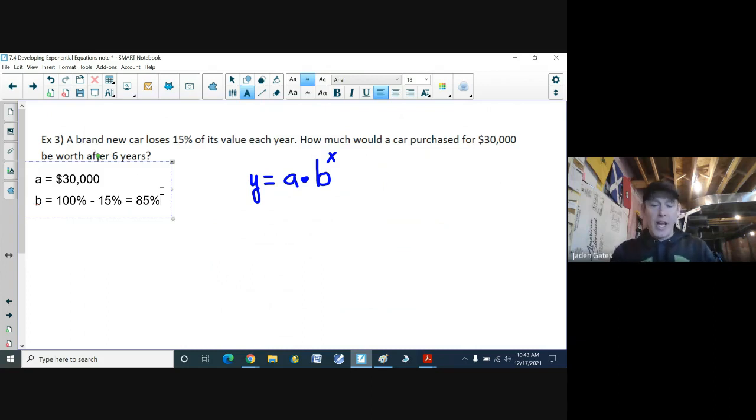Again, percent is not good for calculations, so convert that to a decimal, and I end up with 0.85.